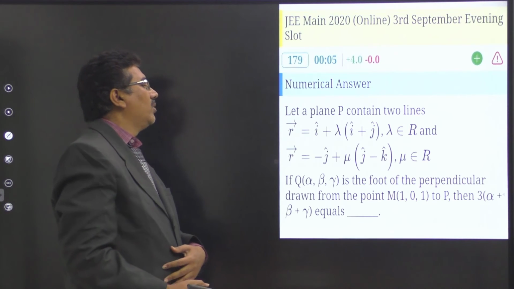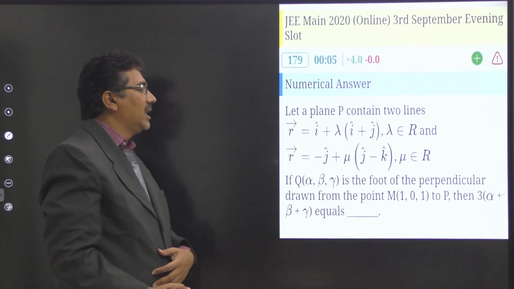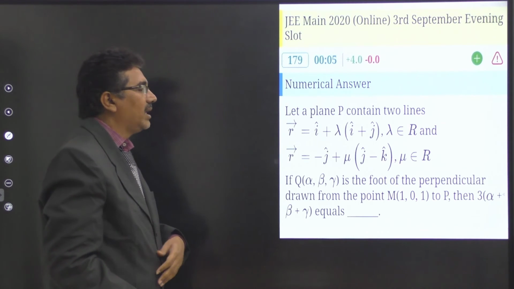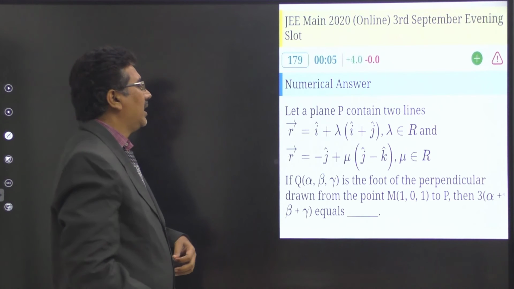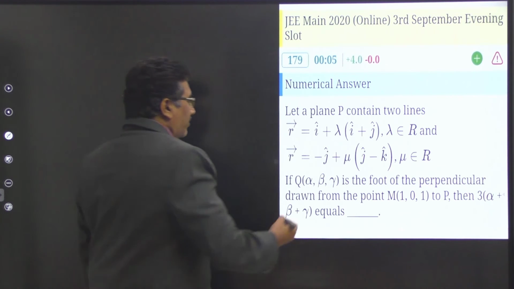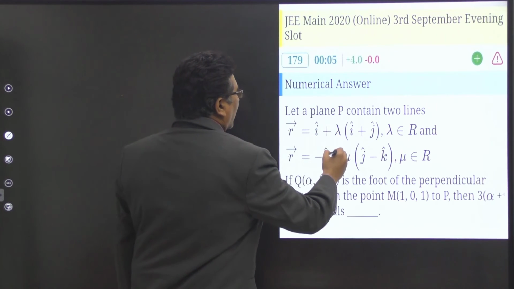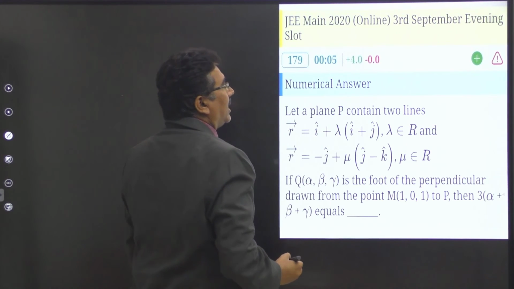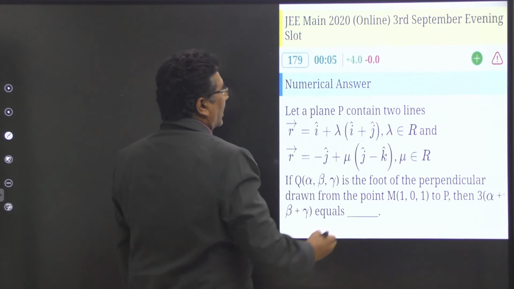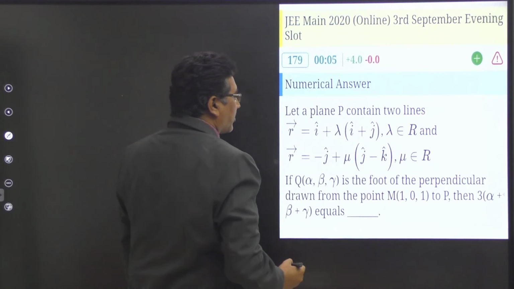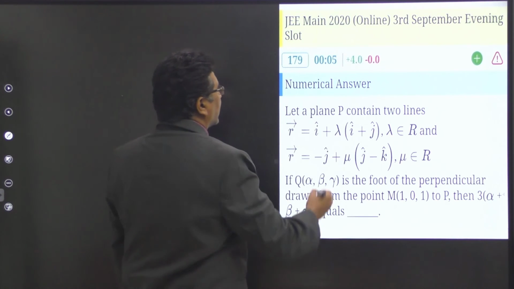Right? Now, first we want to calculate the equation of the plane. The plane passes through these two points, i bar and minus j bar, and is parallel to the cross product of these two vectors.